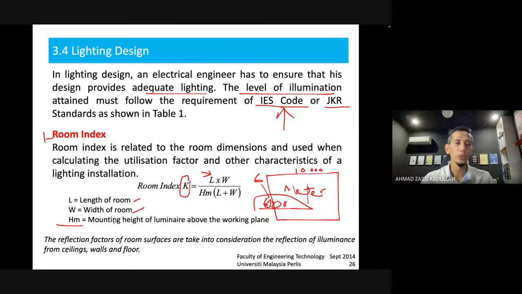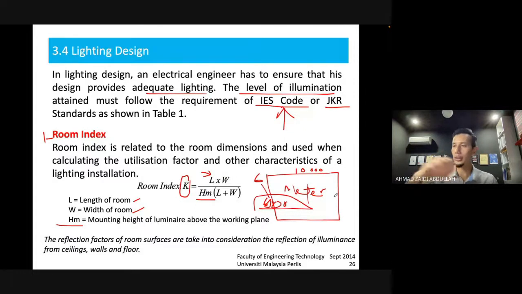HM is the mounting height of the luminaire above the working plane. So you need to know the height of the working plane for every room, as we discussed earlier, let's say for the director room. The director will work on the desk, right? So that level of desk we consider the working plane.